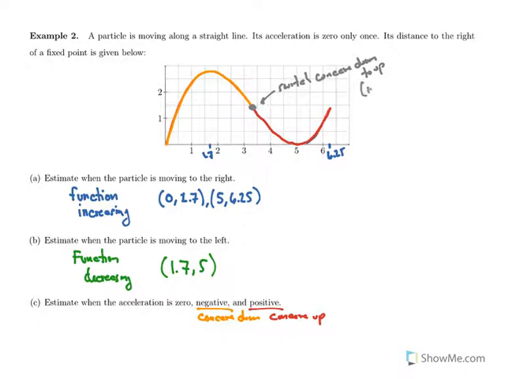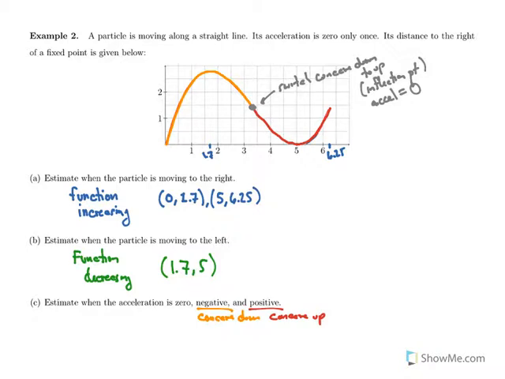That's what we're going to call an inflection point. And this is where the acceleration is going to be equal to 0. If we go from negative acceleration to positive acceleration, it's like we are crossing the threshold of acceleration equal to 0.